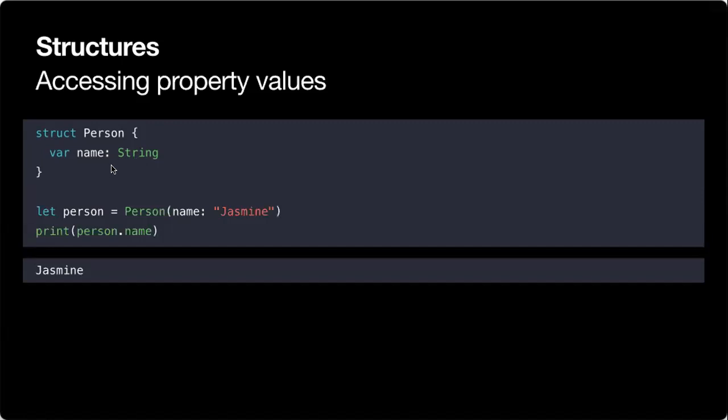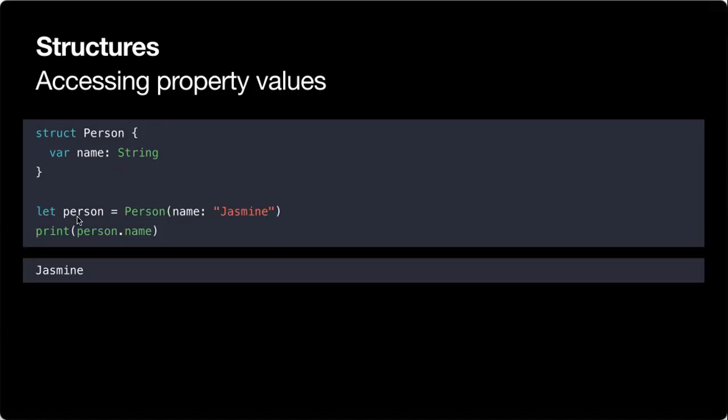Then how do we create an instance of that structure, and how do we access these properties? So this is the structure that we've defined. If I want to create a copy or an instance of that person, you just define it like any other variable, either let or var.